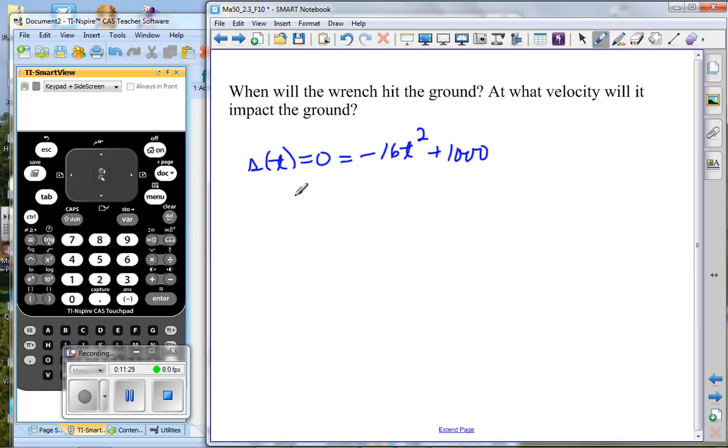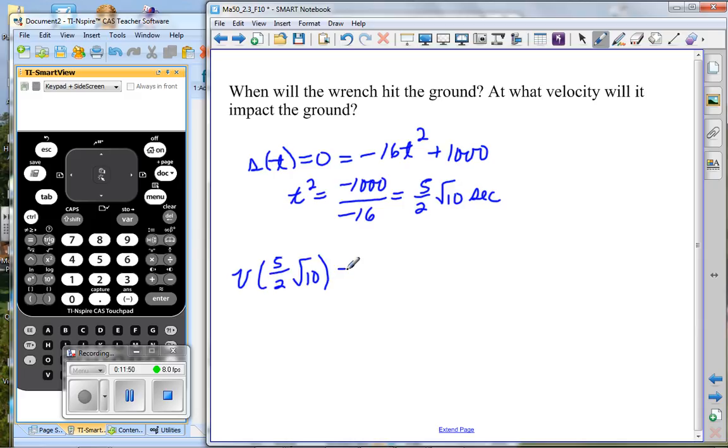If we solve this, we'd end up with, let's see, first we'd have t squared is negative 1,000 divided by negative 16. We're going to end up with 5/2 the square root of 10 seconds. We want to know then what is the velocity at 5/2 the square root of 10 seconds.